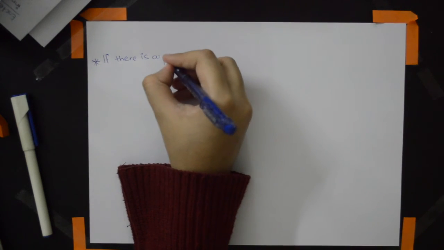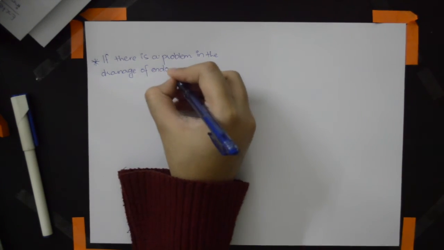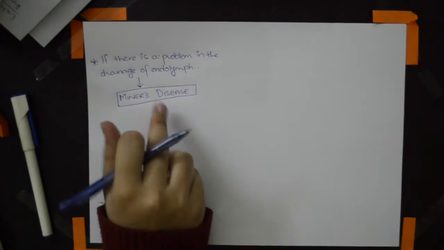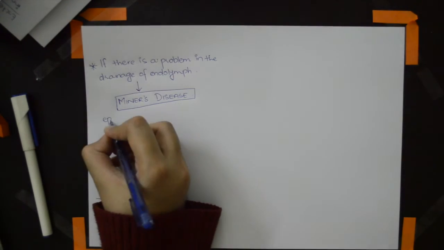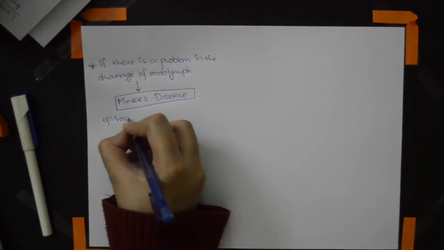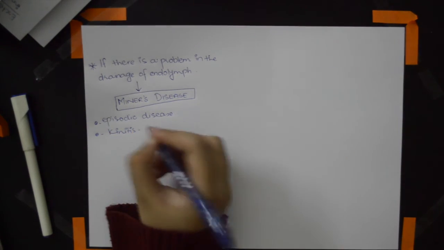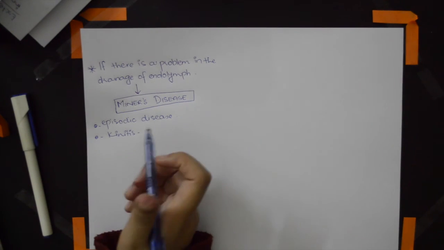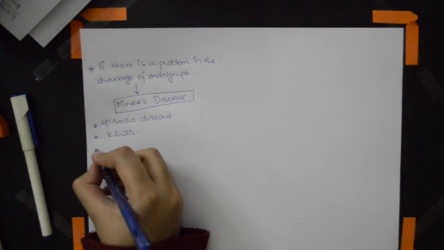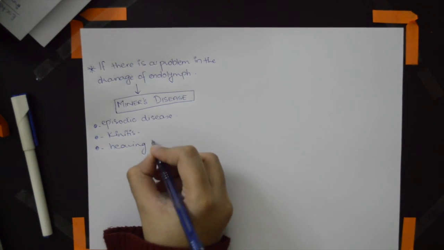If there is a problem in the drainage of endolymph, then it is Meniere's disease. This is called Meniere's disease. It is an episodic disease. There is tinnitus. There's a buzzing sound in the ear all the time, which later causes hearing loss.